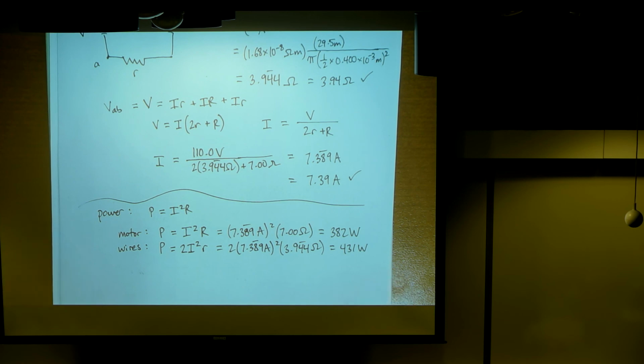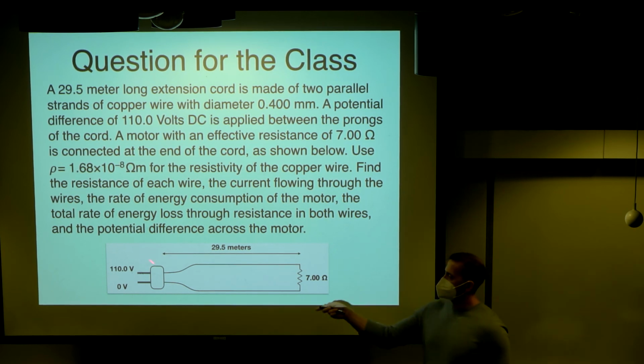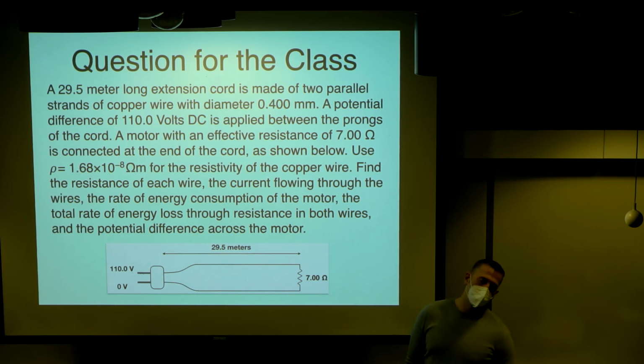The last question, and then we'll get out of here, is what is the potential difference across the motor? The point here is the motor is not getting the full 110 volts because you have a potential drop across the wires, okay? So it's getting less than that due to the fact that you lose some potential going across the wires. Does that make sense?